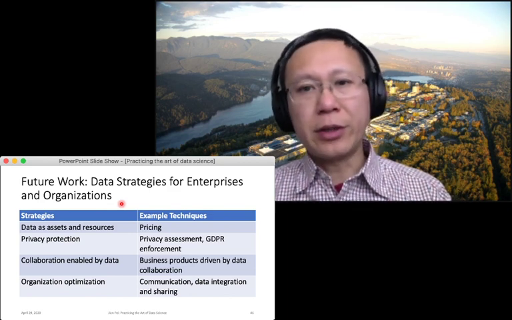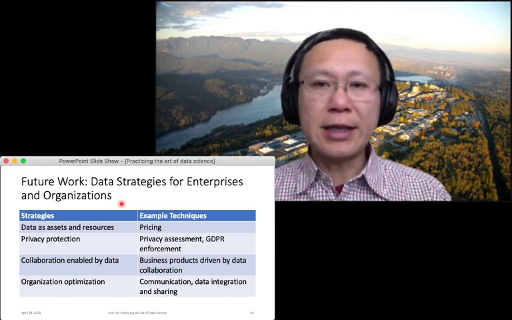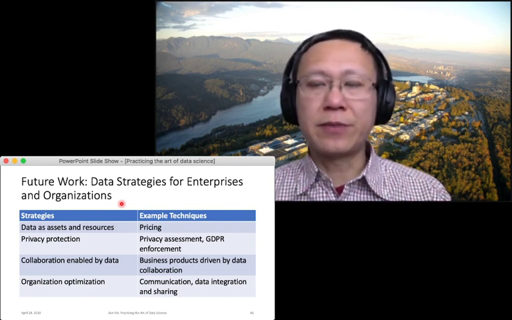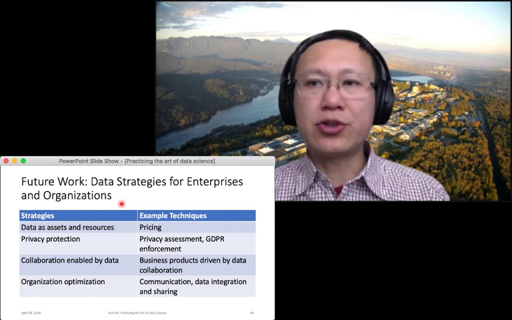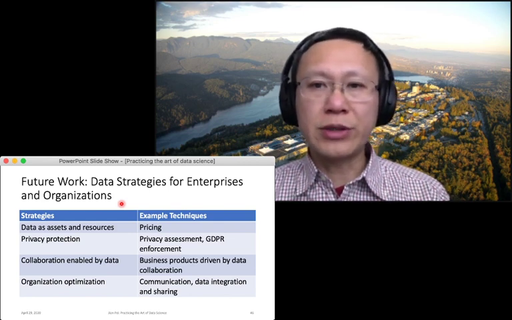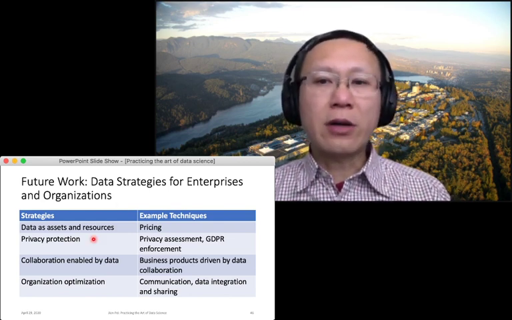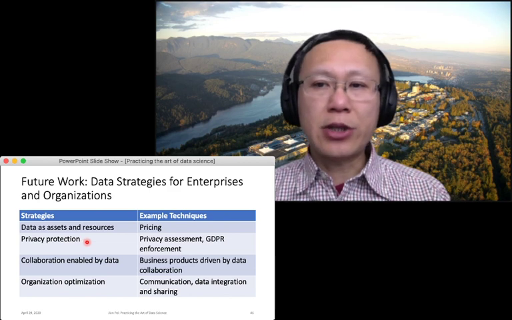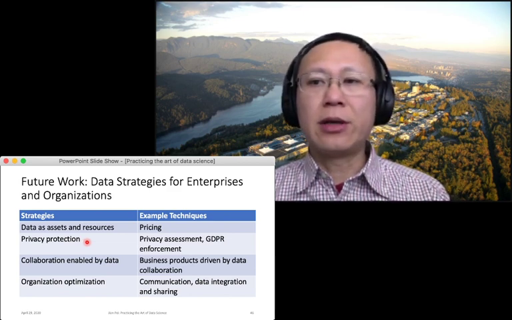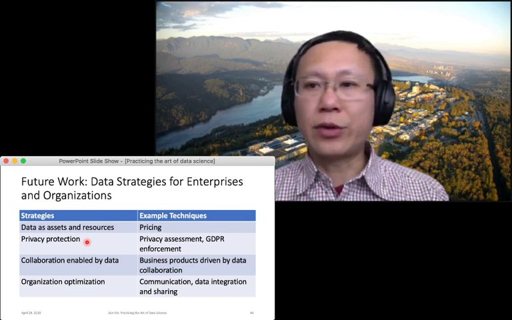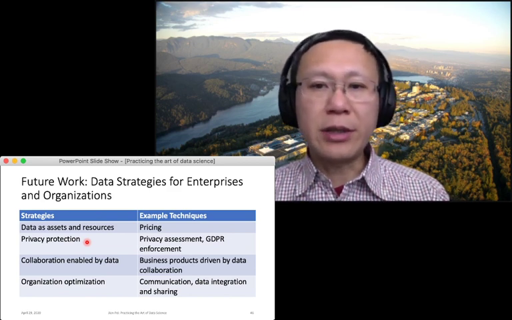For example, when we say data as asset and resource, we need data pricing strategy and tools. And when we talk about data privacy protection, we need privacy assessment approaches and enforcement approaches for regulations like the GDPR.